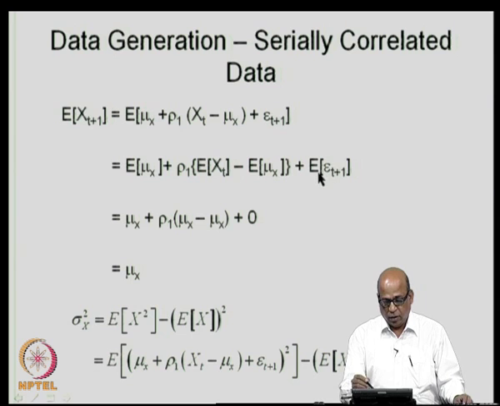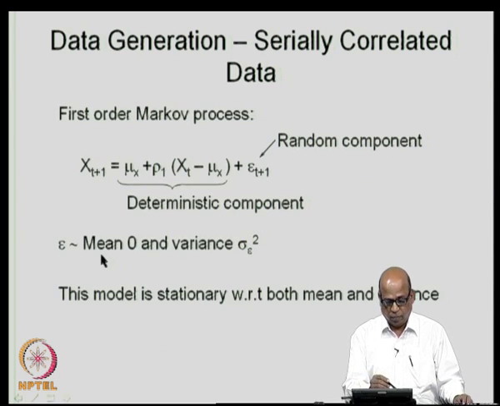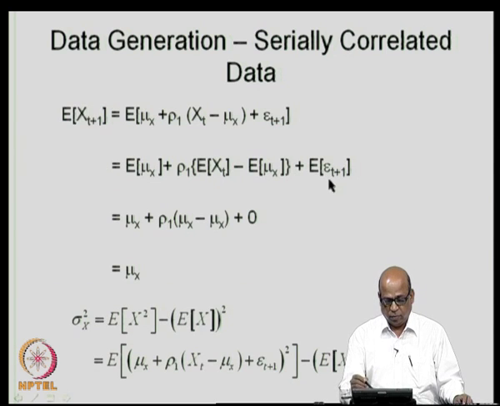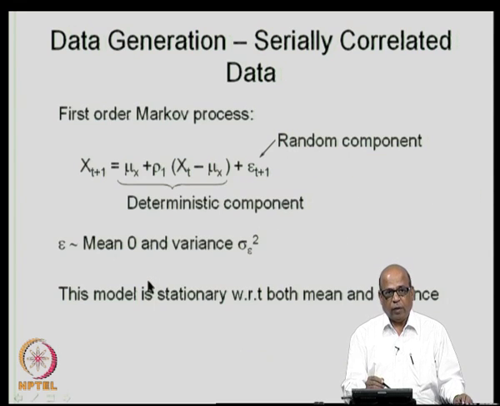And as I mentioned, expected value of epsilon t plus 1 is 0. This is what we have used, epsilon has a mean of 0. So, this value becomes 0 and this becomes 0, because this is mu x minus mu x and this is mu x itself. So, expected value of x t plus 1 becomes mu x. So, the model as defined by this will have the same expected value as the long term mean mu x, which is stationary.